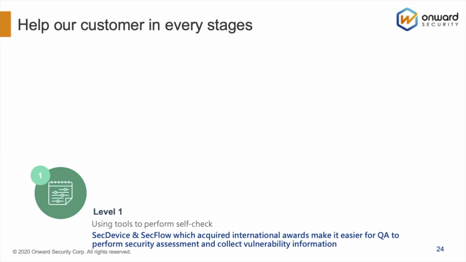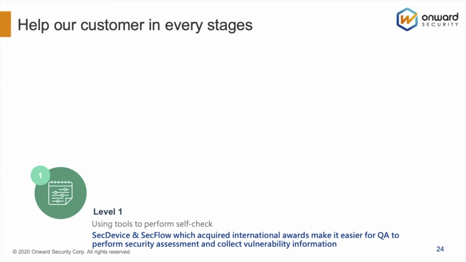You just need to upload your firmware image file. Our SecFlow can enumerate what kind of open source libraries you use and the version of each library. We will check with the National Vulnerability Database to see if any CVE vulnerability exists in this firmware image file.